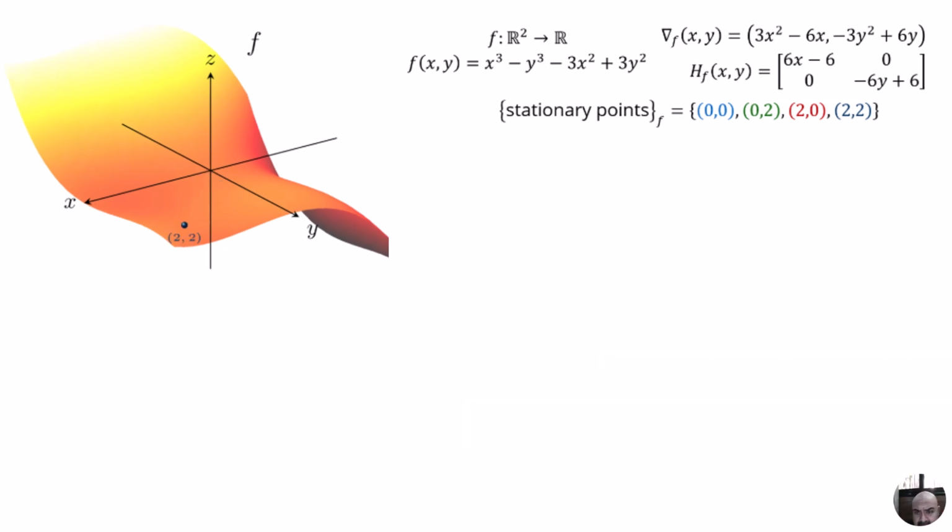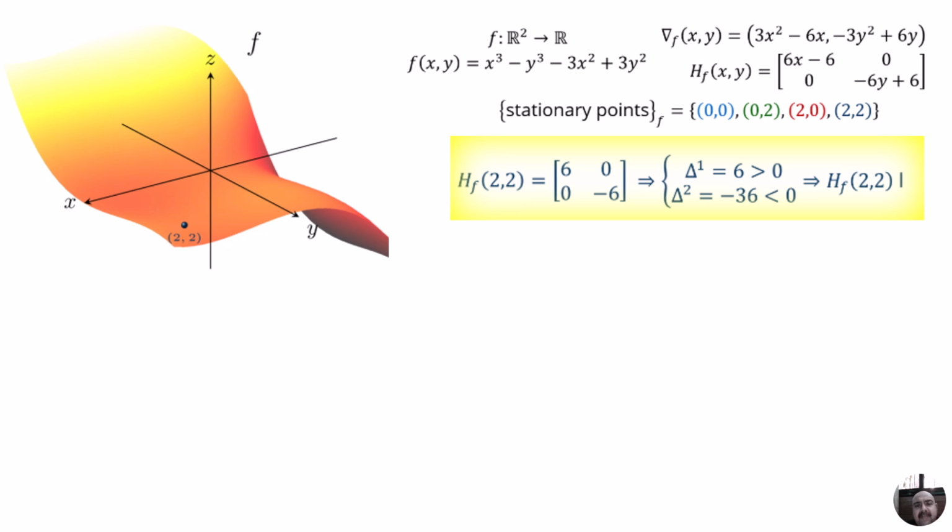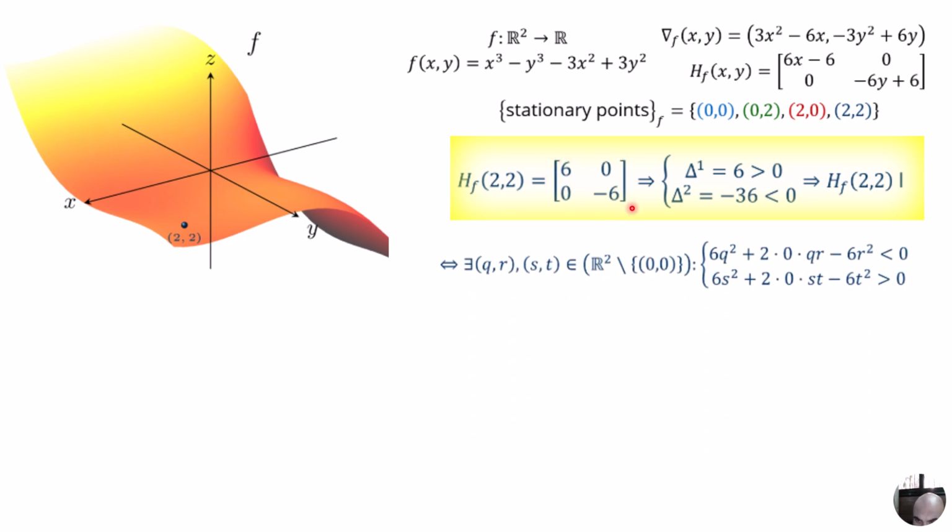Okay, once more, if I want to do this, but at the point 2 and 2, same way like here. At the case of 2 and 2, once you substitute by 2 and 2 in the Hessian matrix, you will have 12 minus 6, which is positive. Then you will have negative 12 plus 6, which is negative 6. As you can see, the leading principal minor is positive, while the second order is negative.